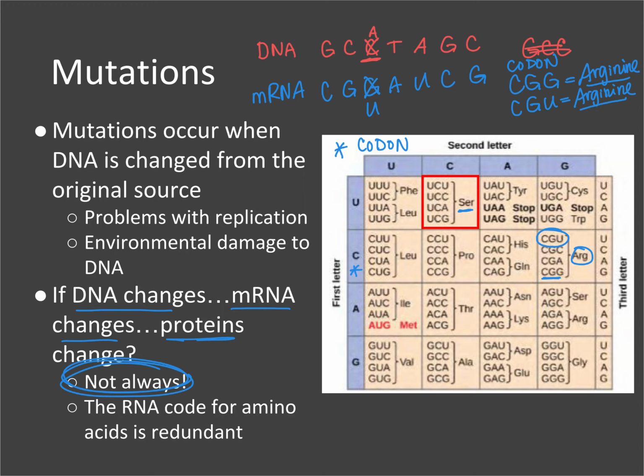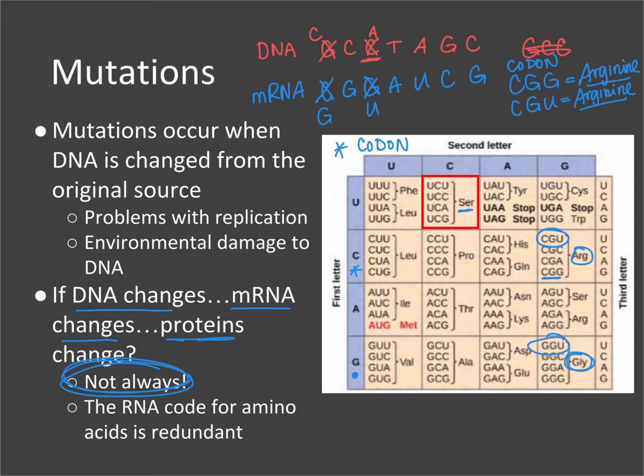So no big deal. Now, let's say instead of changing this third letter, we change the first letter. So now let's say that G gets changed to a C, which changes the first nucleotide of our mRNA to a G. So now we've got GGU, and GGU codes for glycine.